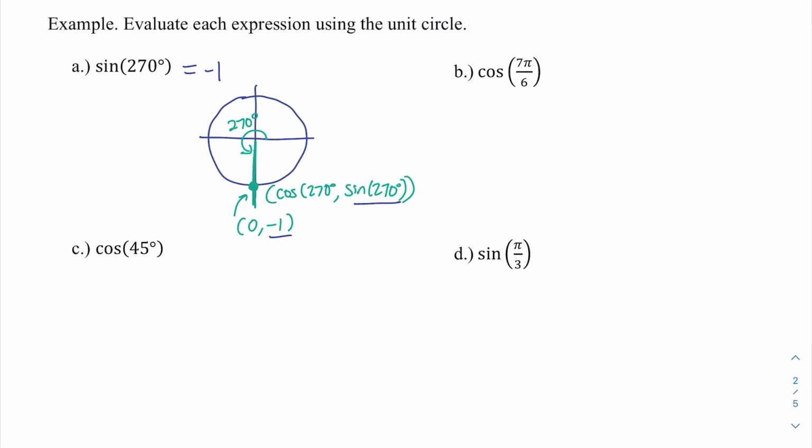Okay, let's look at cosine of 7 pi over 6. So again, I just want to draw a little unit circle. Here's my unit circle. I need to find 7 pi over 6. Well, 7 pi over 6 is bigger than pi, right?